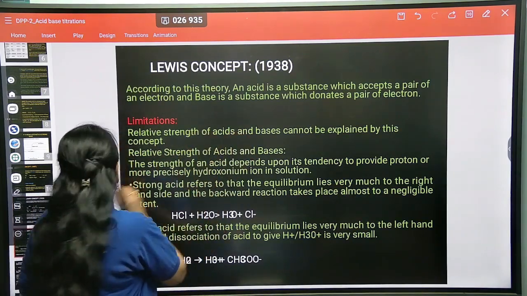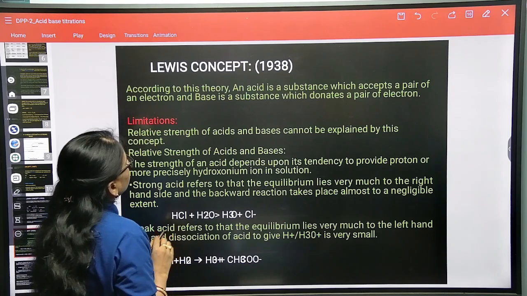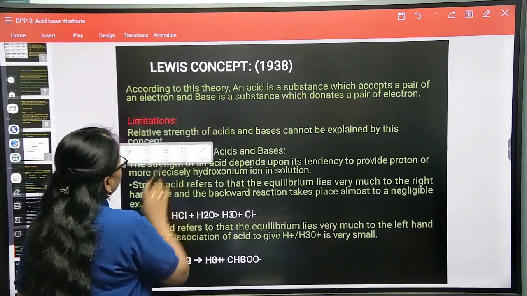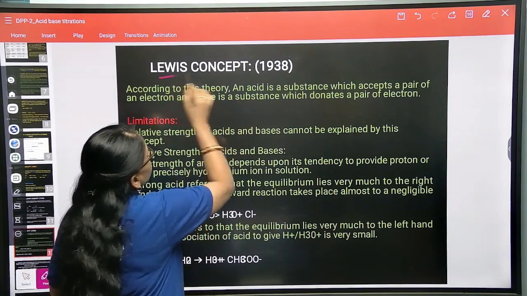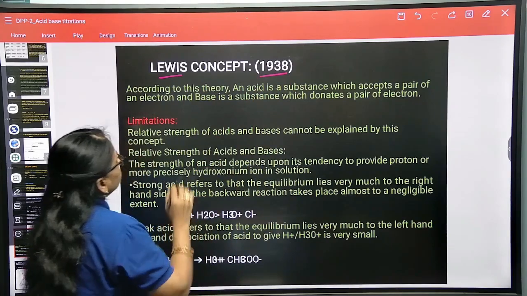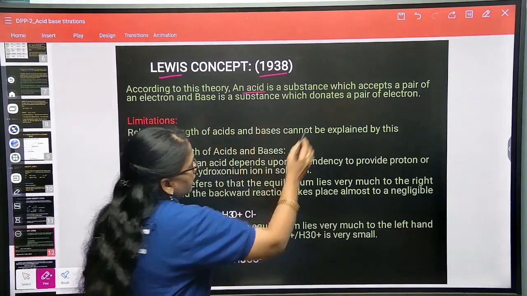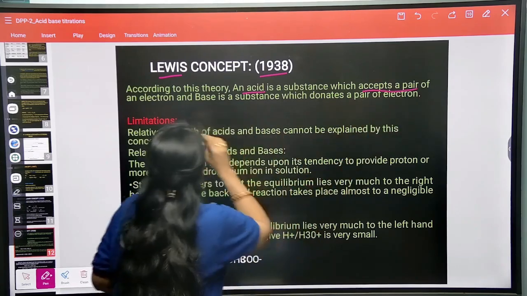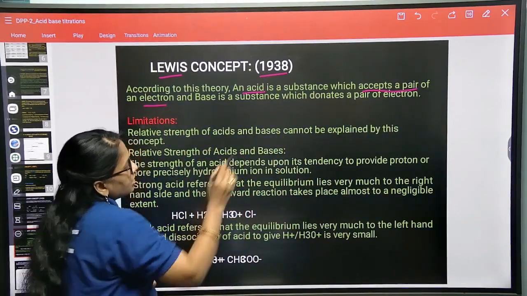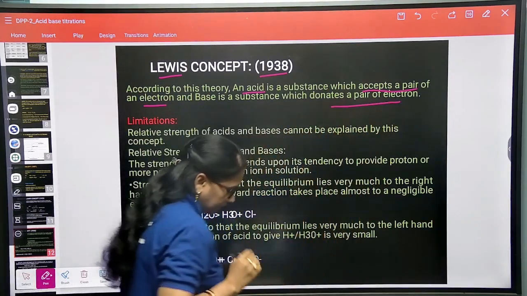So in 1938 we came across the concept framed by the scientist Lewis. According to this concept, an acid is a substance which accepts a pair of electrons and a base is a substance which donates a pair of electrons.